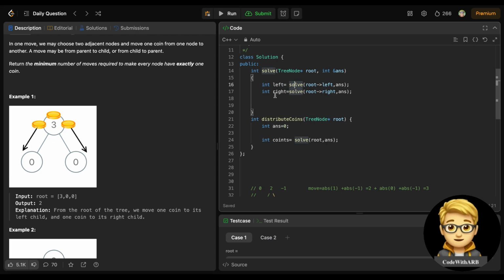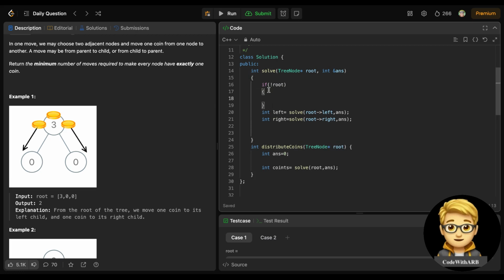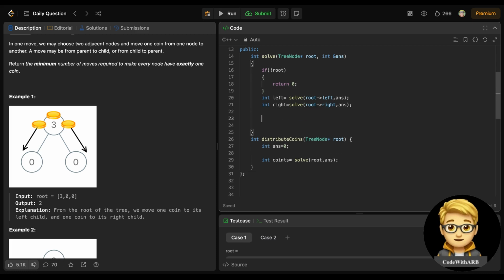One thing here is that if my root is null, then what will we return? We will return the number of coins, which is zero, because if root is null, then we don't have any coins with it, so we will return zero. Now the first thing: the answer should be what?